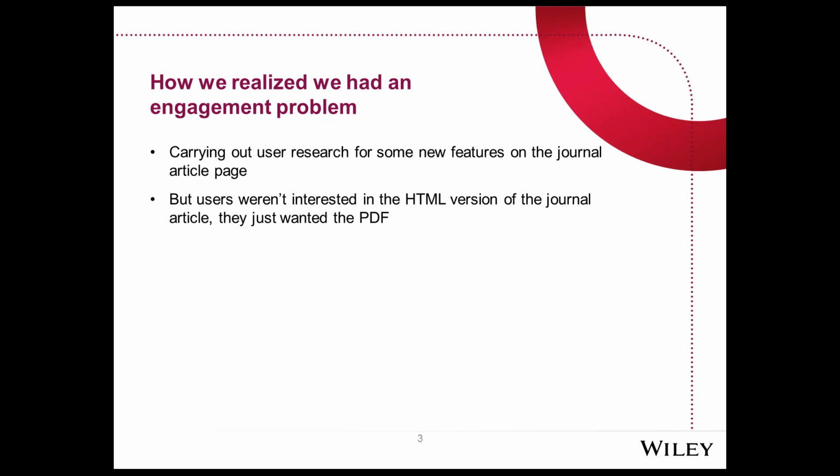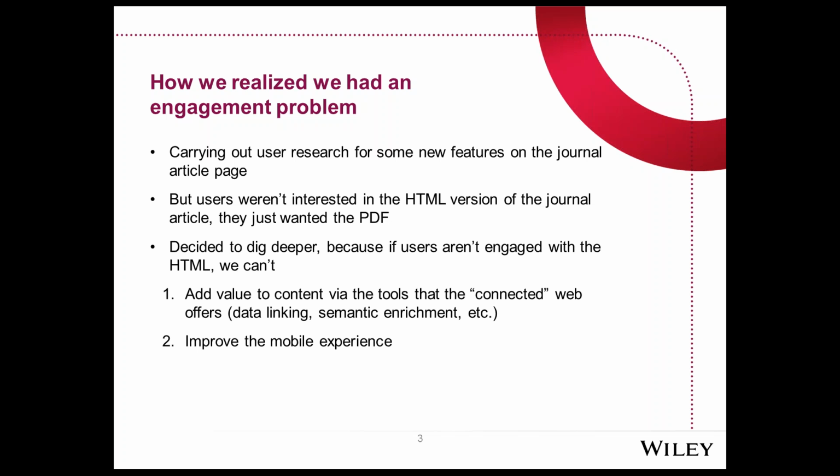But we realized here that we really needed to dig deeper into why people weren't looking at the HTML, because what we realized with this activity is that if users aren't engaged with the HTML, number one, we can't add value to content using the tools that the internet offers, such as data linking, semantic enrichment, all of that cool stuff that we can do on the quote-unquote connected web.